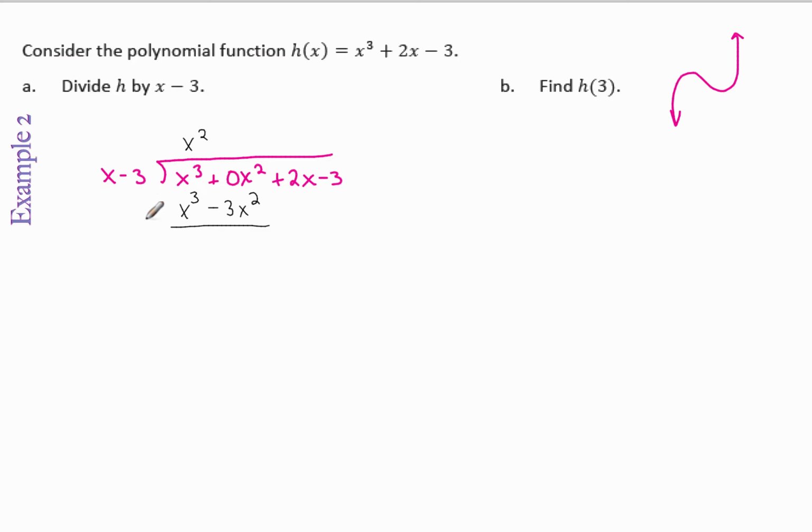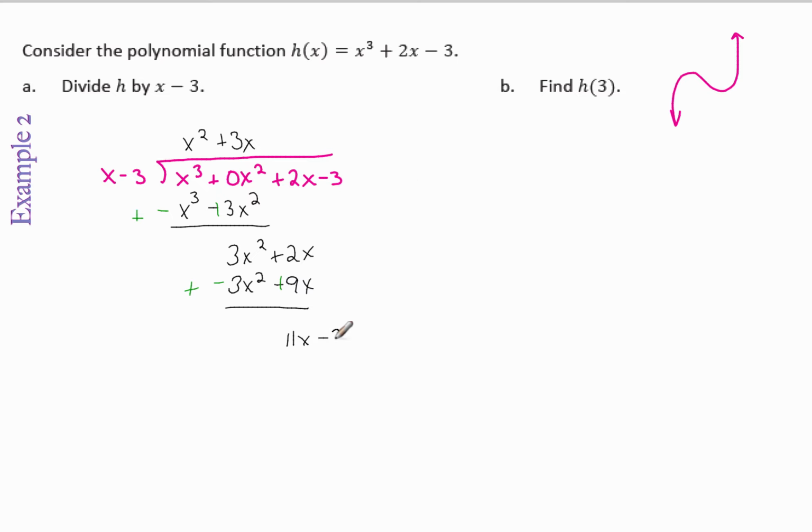The drill is add the opposite. 3x squared plus 2x. Okay, x times what gets me 3x squared plus 3x. Okay, now we do add the opposite because we're subtracting, and this is the easy way to subtract.